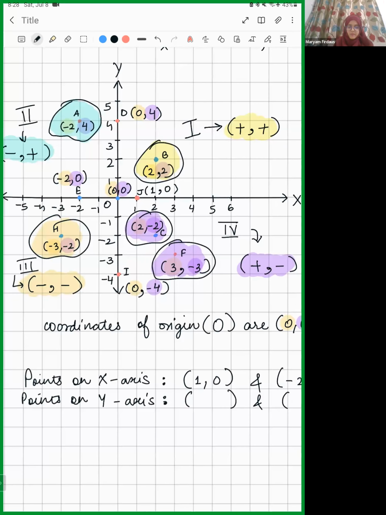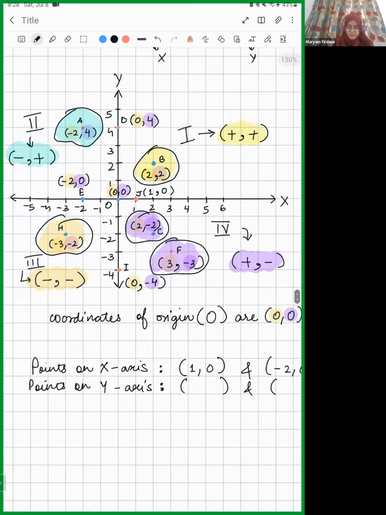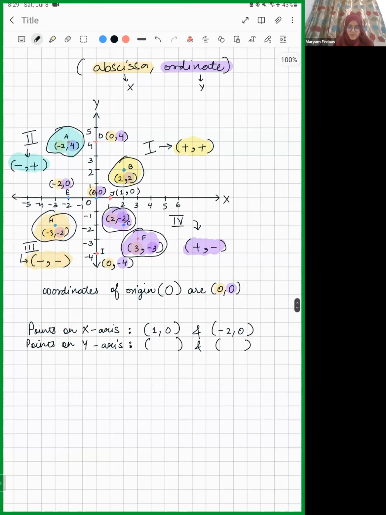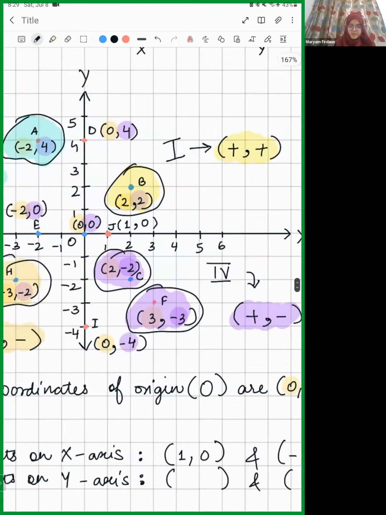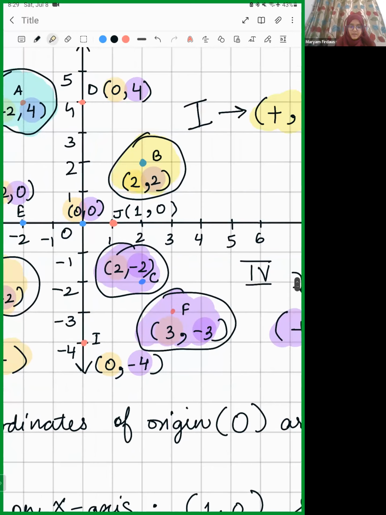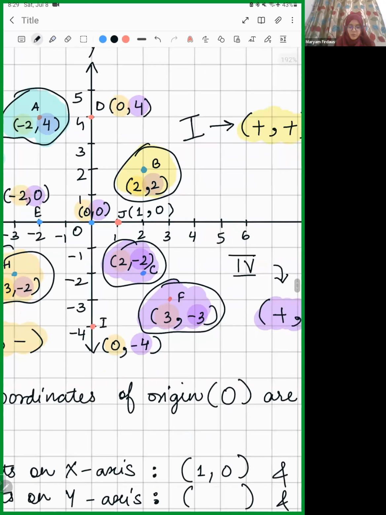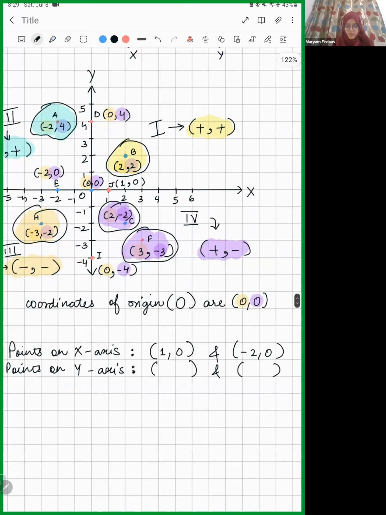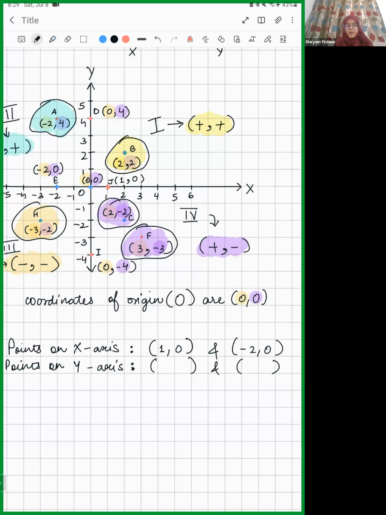It is near the origin. Fine. But where is it exactly? It is on the x-axis, isn't it? Yes. I am asking you, look at the y-axis.